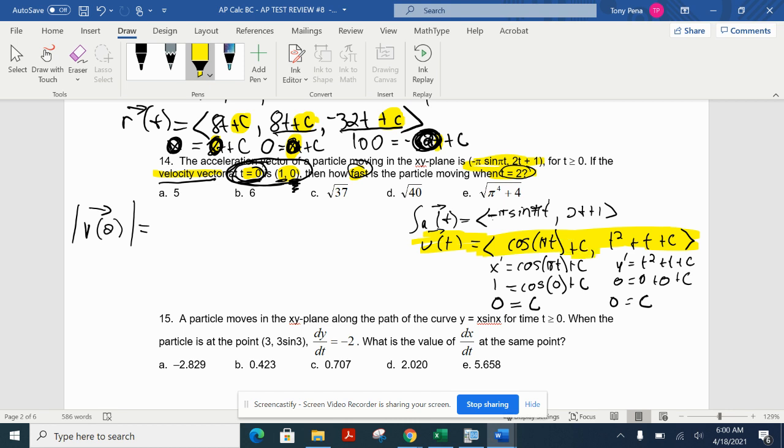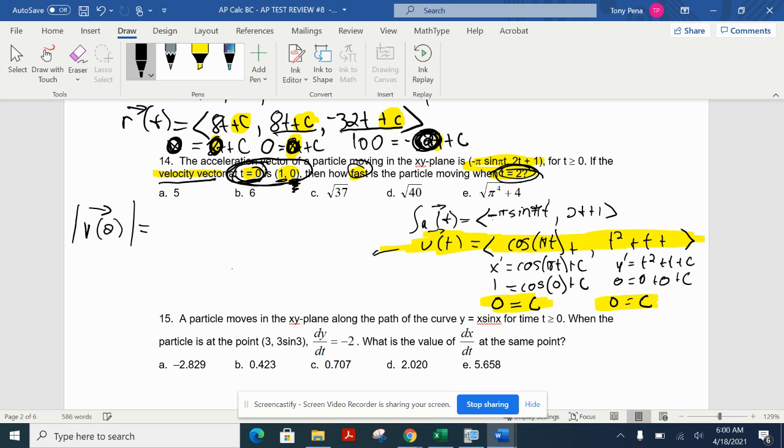Let's erase this c and this c, and now this is our velocity vector anytime that we want it. What we're now going to do is evaluate this at the time of 2.